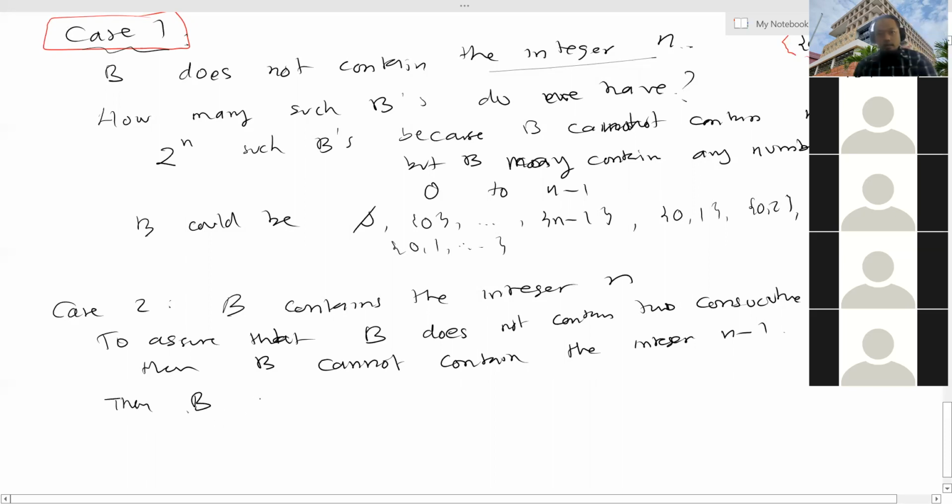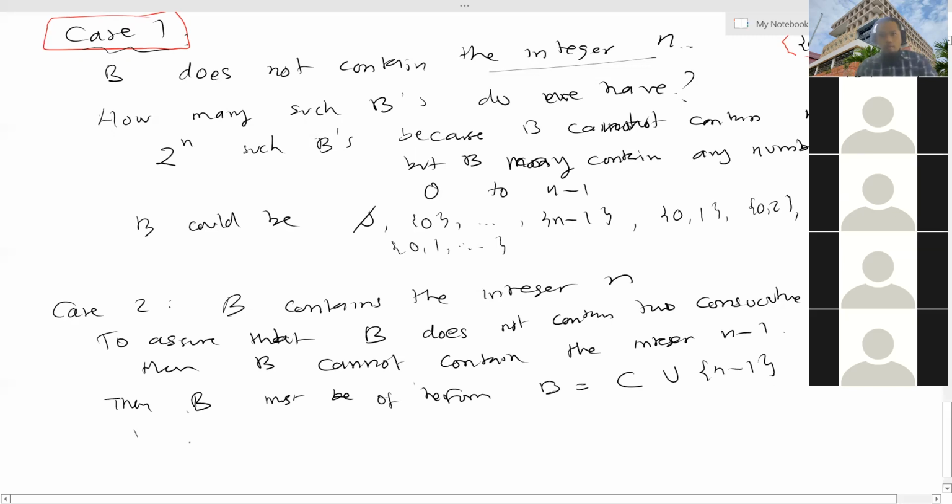So B must be of the form B is equal to, let's call it C union n minus 1, right?